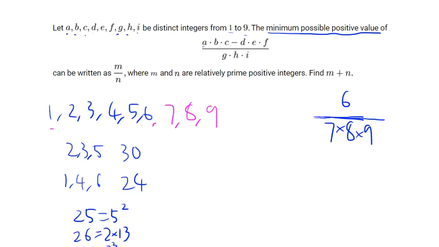Let's see. If it's 6, I guess this approach may actually be counterintuitive. What if we make the numerator 1? Then we get a fraction that's smaller than this. Huh? Okay.